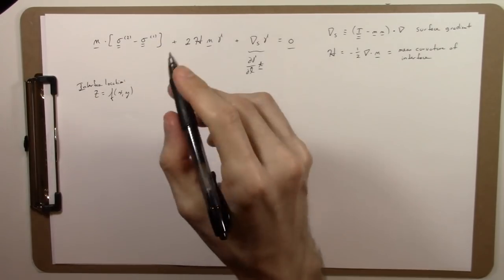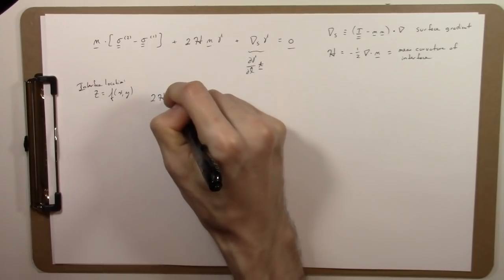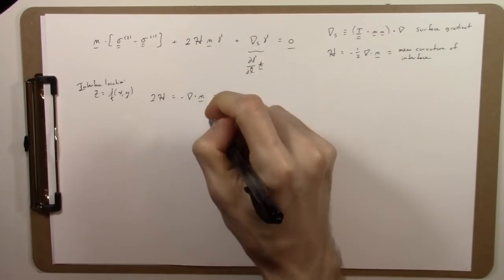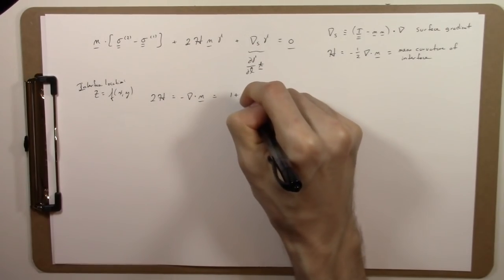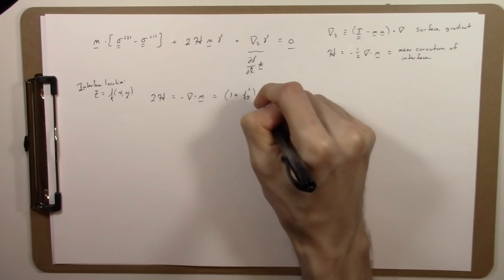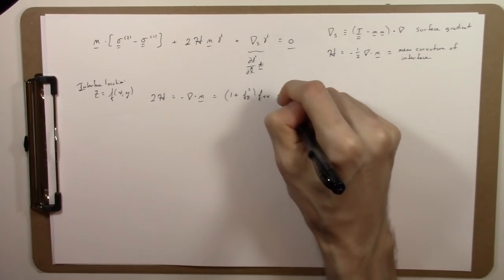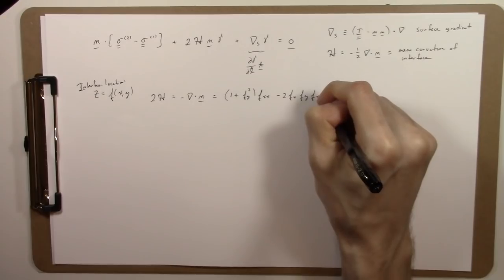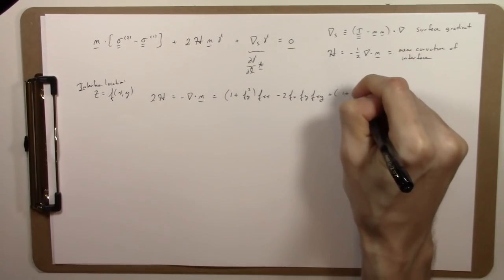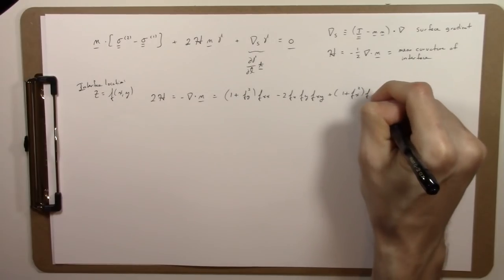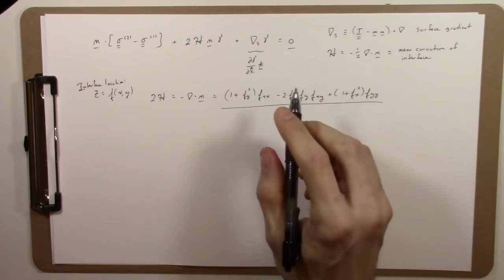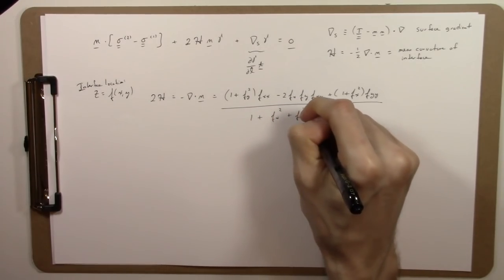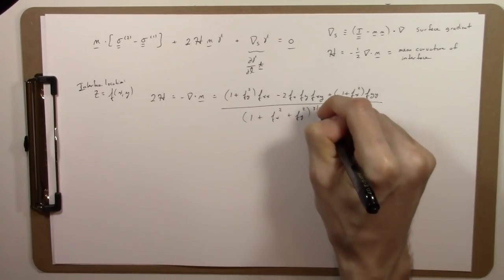This is rather complicated, but twice H, which is then equal to minus del dot n, ends up being equal to 1 plus (df/dy) squared times the second derivative of f with respect to x, minus 2 df/dx df/dy times the second derivative of f with respect to x and y, plus 1 plus (df/dx) quantity squared times the second derivative of f with respect to y, all divided by 1 plus (df/dx) squared plus (df/dy) squared, all raised to the 3/2 power.